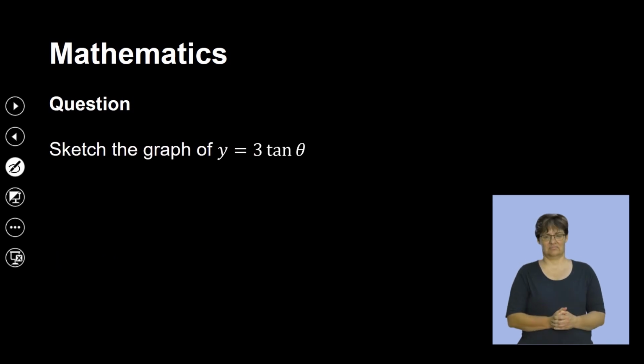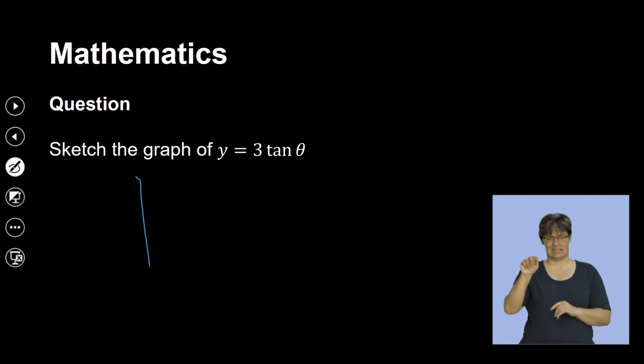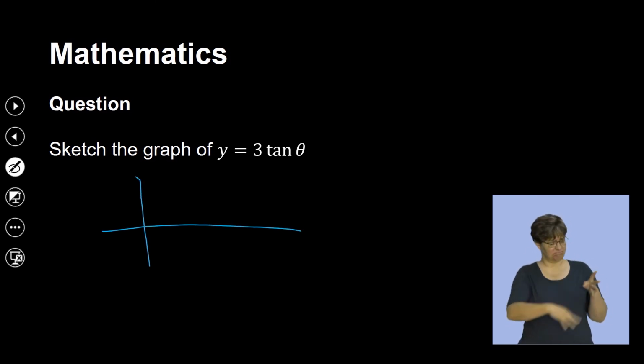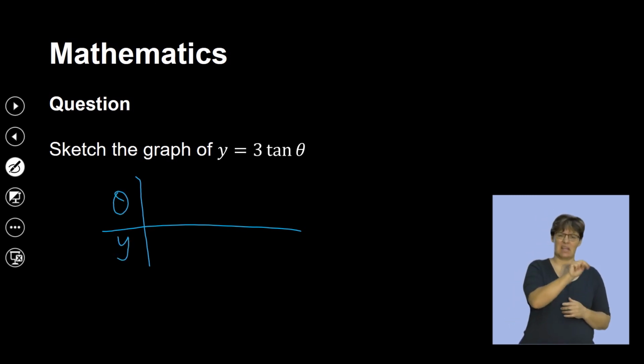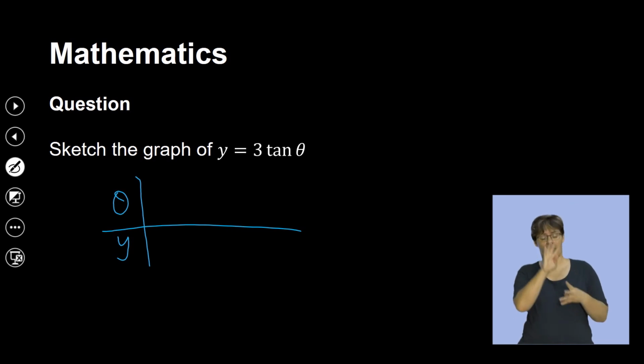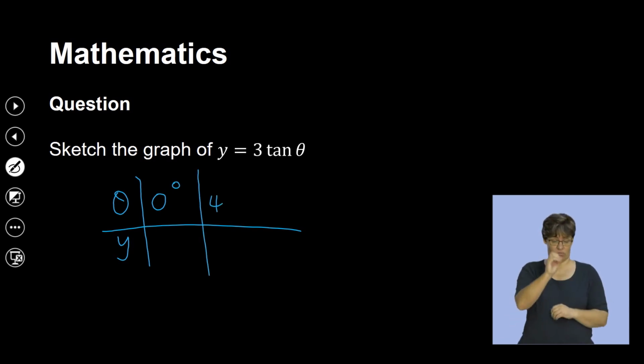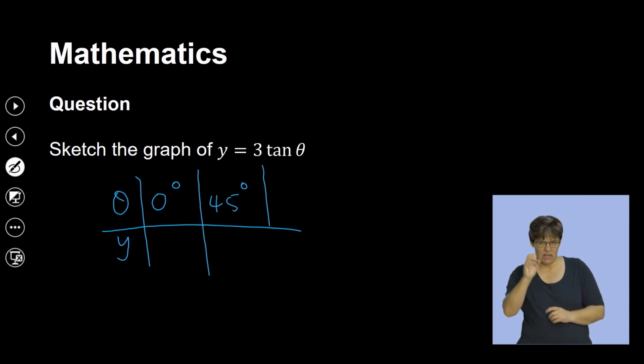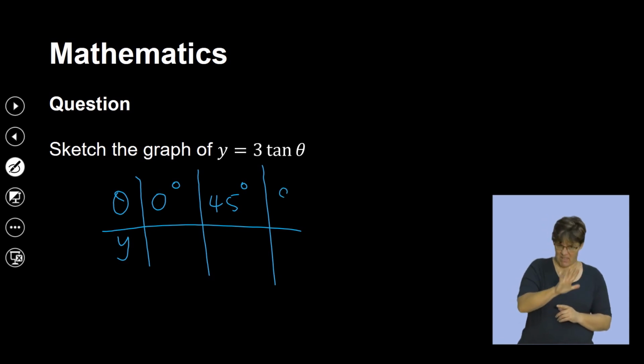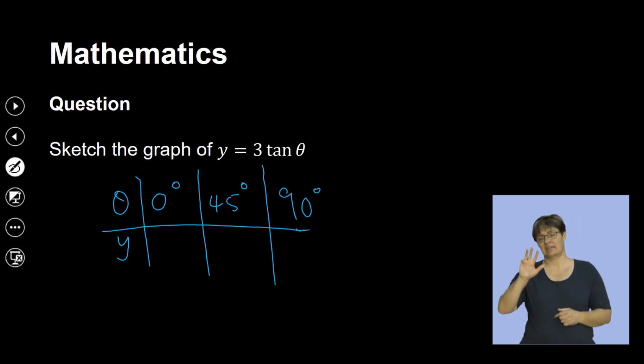All right, so let's look at if we were given a question to sketch this graph of tan. You will still be using the very same concept as what we've been trying to do with the sine and the cos, where you're going to plot the values of theta, which are our x values. So it's 0 degrees. Just for variety, I'm going to use 45 degrees and then 90 degrees.